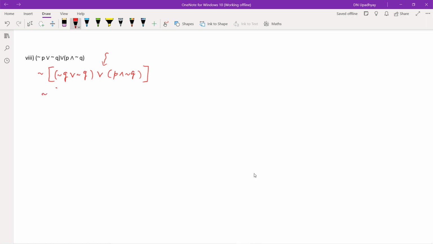Sorry, this will be disjunction. So negation of first term and negation of second term. So what is the justification? Negation of disjunction, right? Negation of disjunction.